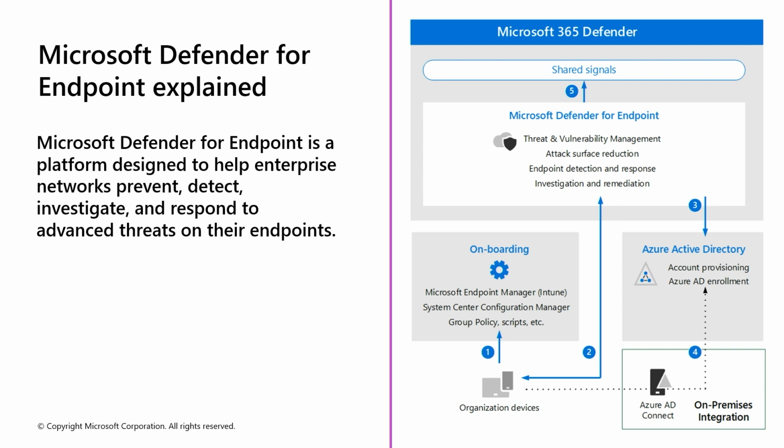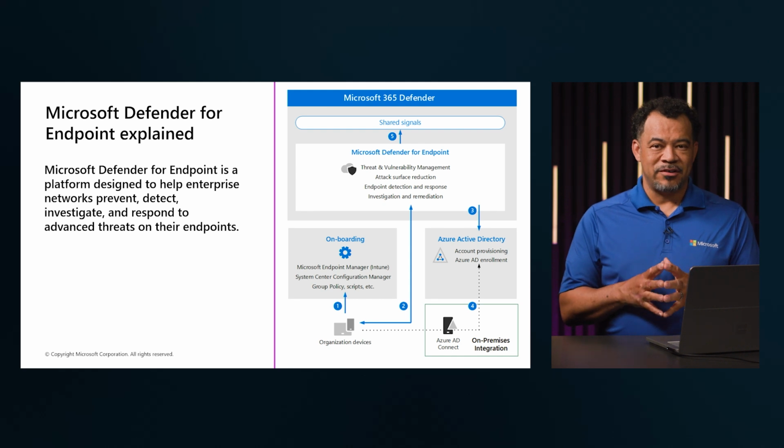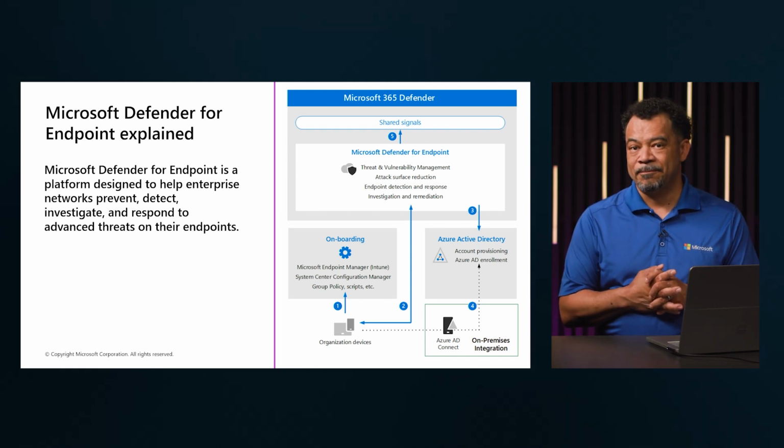Domain-joined Windows devices are synchronized to the Entra ID using Entra ID Connect. Microsoft Defender for Endpoint is a security platform that helps businesses protect their devices by preventing, detecting, investigating, and responding to advanced cyber threats. The following list describes the illustration steps that occur. Number one, devices are onboarded through one of the supported management tools. Next, onboarded devices provide and respond to Microsoft Defender for Endpoint signal data.